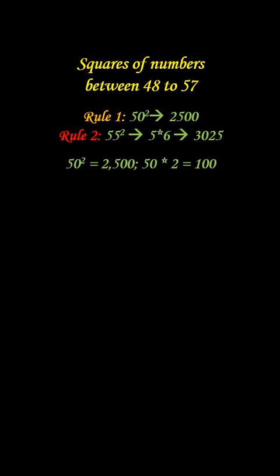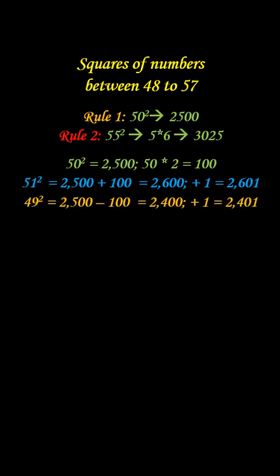We know 50 squared is 2500. 50 times 2 is 100. 51 squared will be 2500 plus 100, which is 2600 plus 1, 2601. 49 squared is 2500 minus 100, which is 2400 plus 1, 2401.